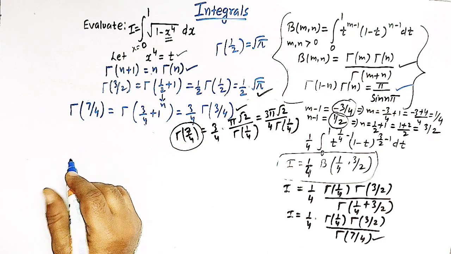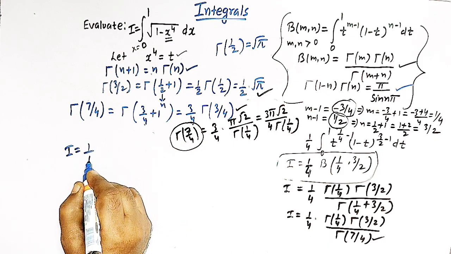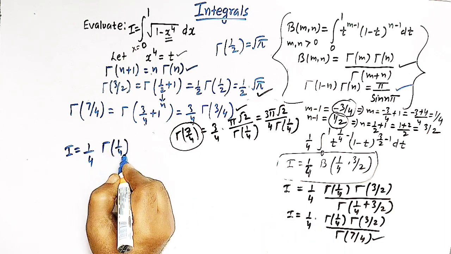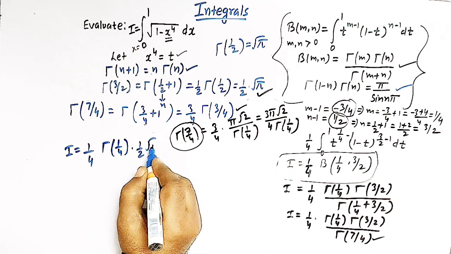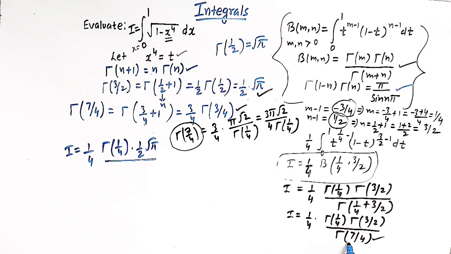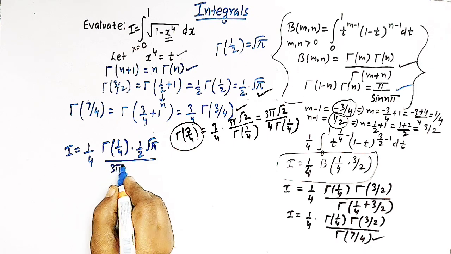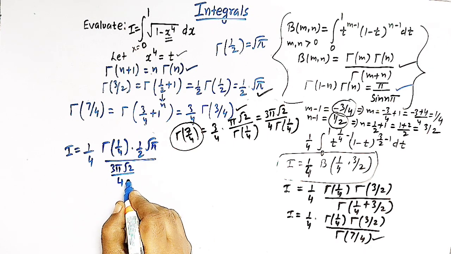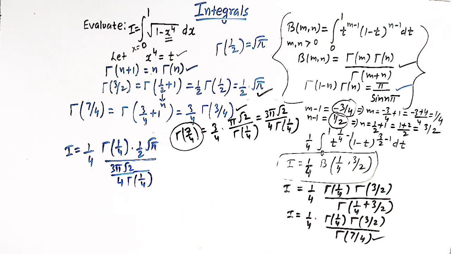So now we can write I is equal to 1 over 4, then we have gamma 1 over 4, and gamma 3 by 2 is half root pi. And then we have gamma 7 over 4 as 3 pi root 2 divided by 4. And then here we have gamma 1 over 4, right?